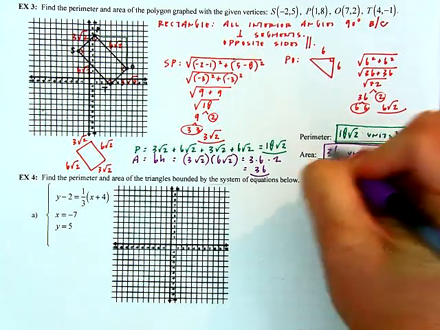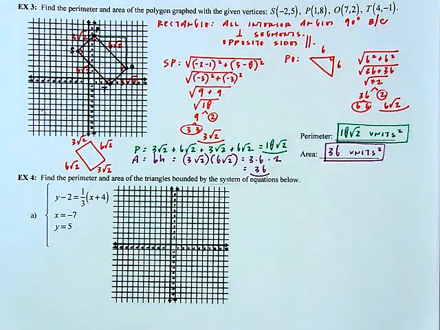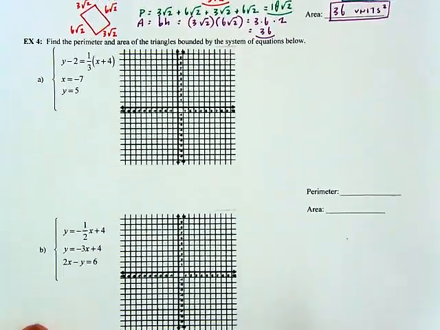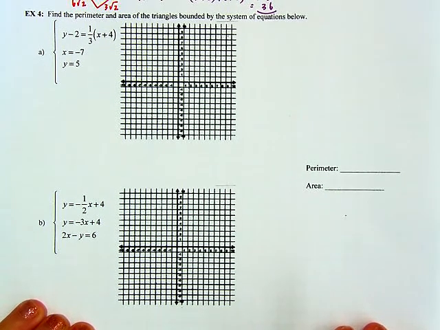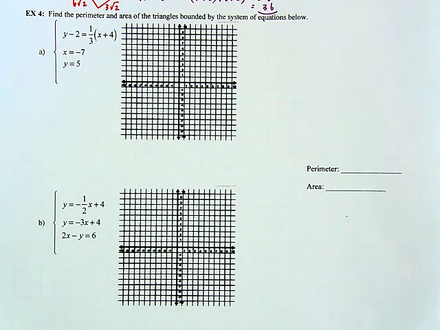All right, next up. Find the perimeter and area of the triangle that is bounded by the system of equations below. So here I have three equations. I'll use different colors just to show three different lines. So y minus 2 equals 1/3 of x plus 4.